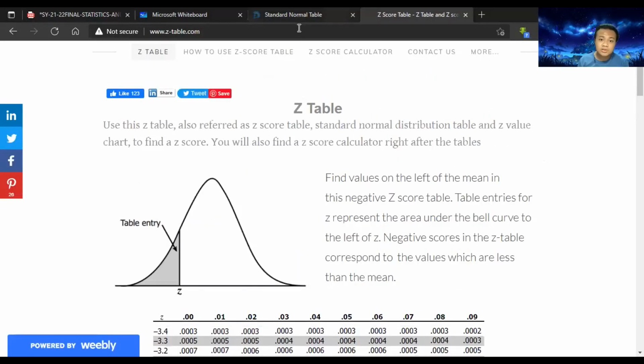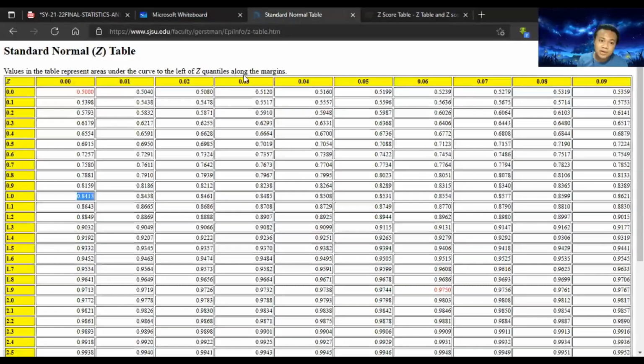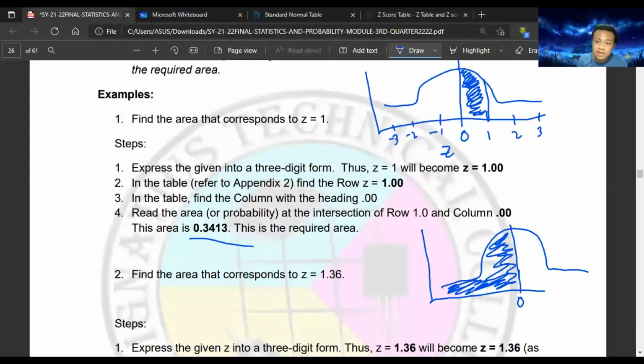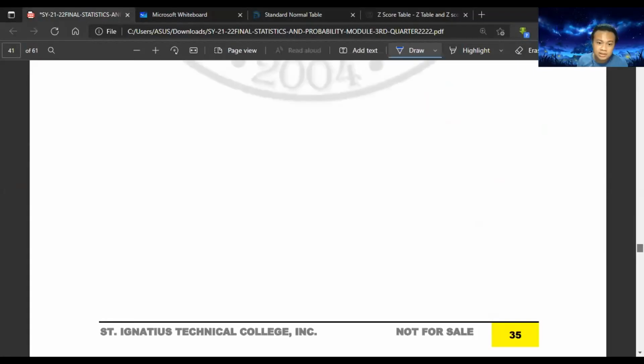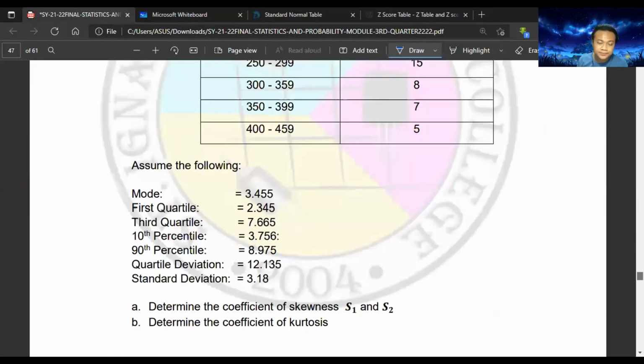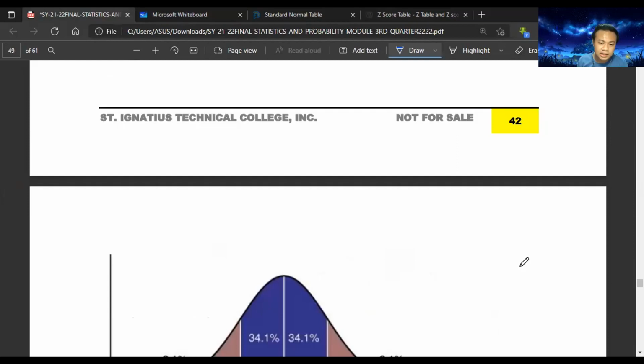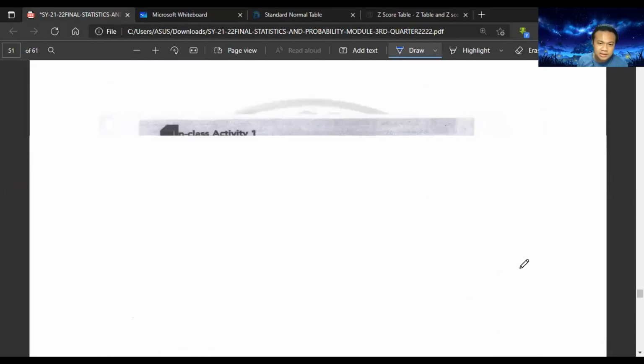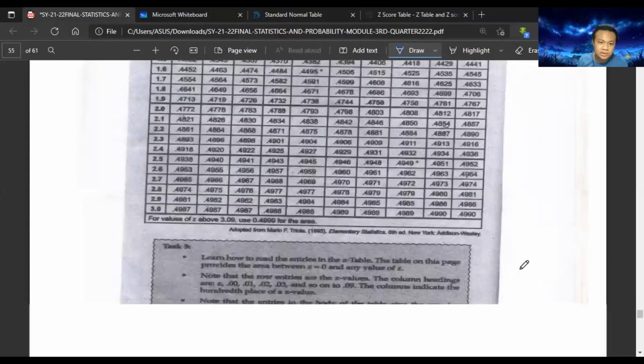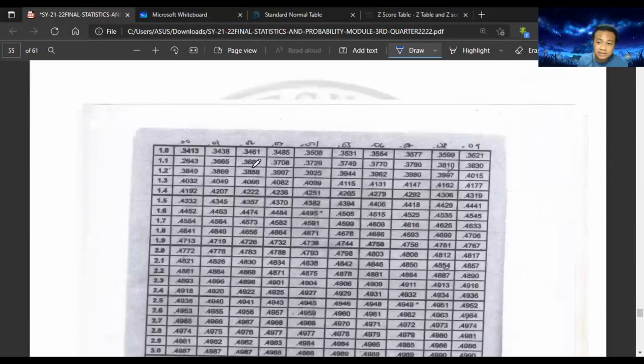You can still use it, but if you look at Appendix 1, for example 0.3413, it is placed directly at 1.